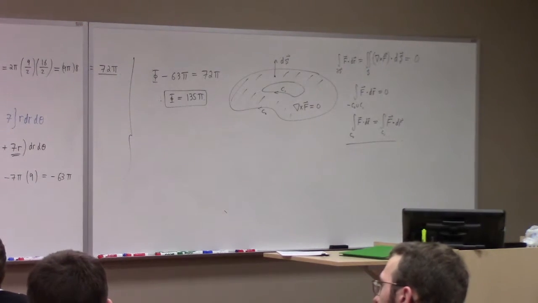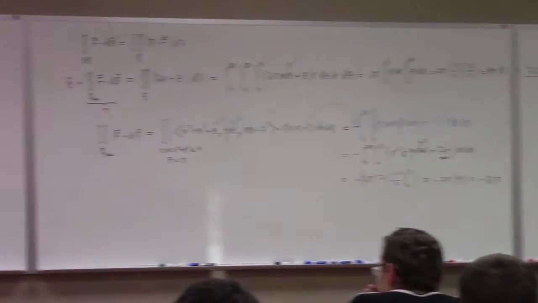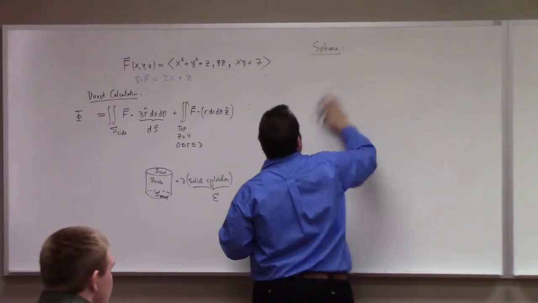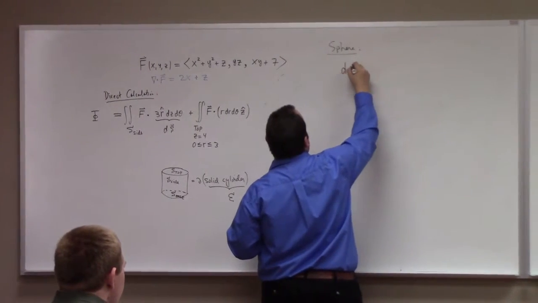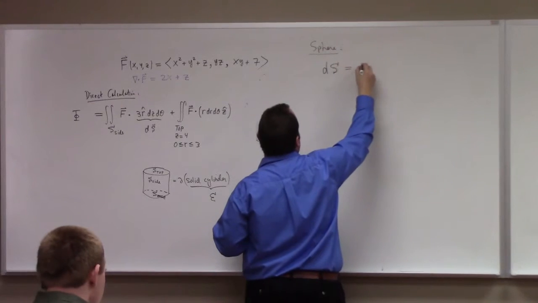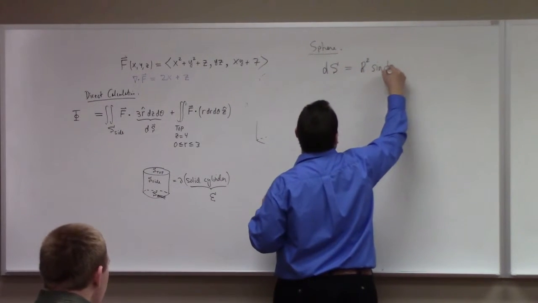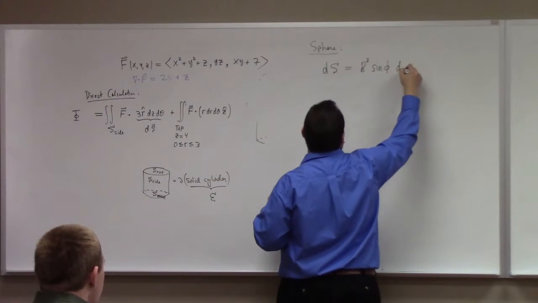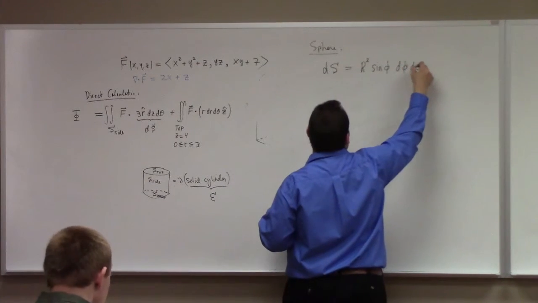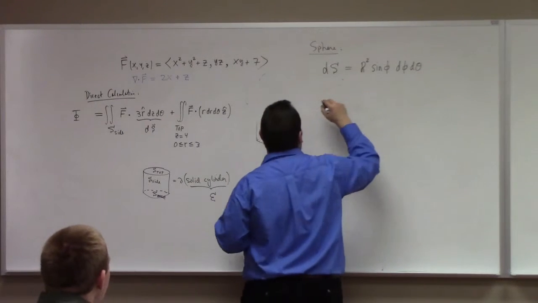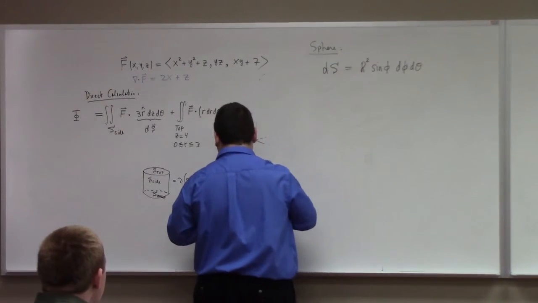Let me just put it up here. So for a sphere, you noticed that dS was what? It was r squared sine phi d phi d theta, is that right? And what was that related to, you thought?